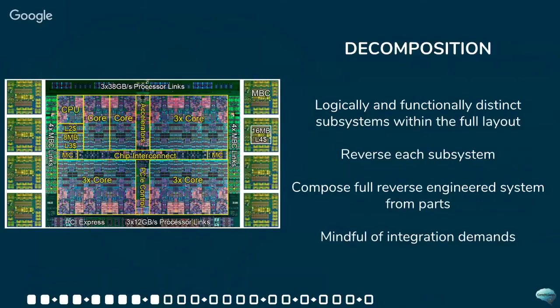Now, an advantage that he has is that we know that the entire system has agreed to speak to itself in a specific way. It uses the ones and zeros, the high voltage, the low voltage in a certain way. It will have a clock timing activity. So there are ways to make sure that the whole thing doesn't break down when you integrate all these recomposed small pieces that you've reverse engineered.